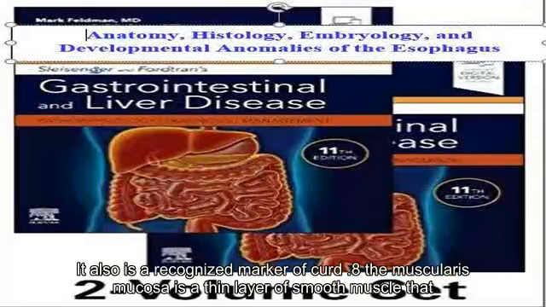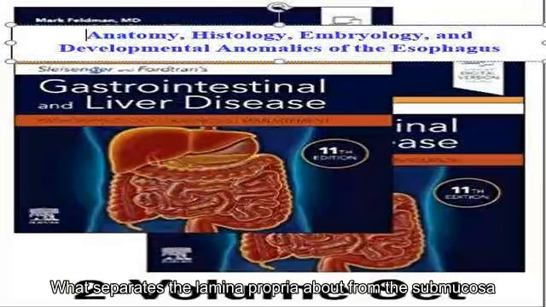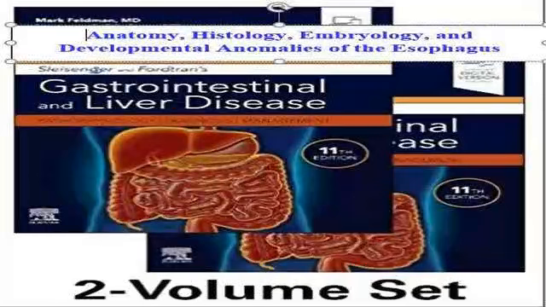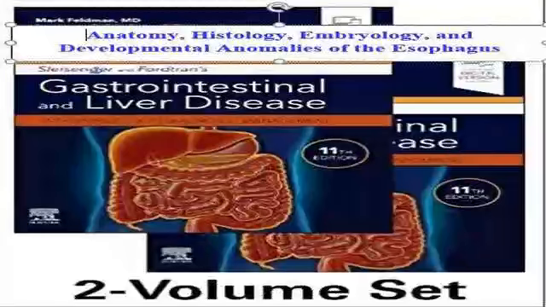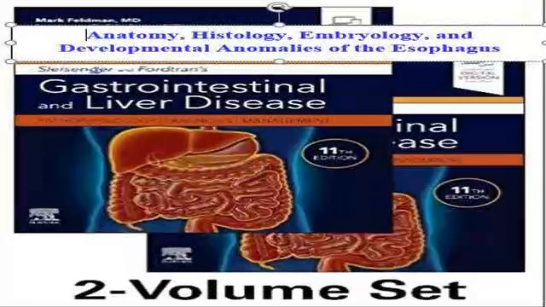The muscularis mucosae is a thin layer of smooth muscle that separates the lamina propria above from the submucosa. Its functions are unclear. Submucosa. The submucosa comprises a dense network of connective tissue, within which are blood vessels, lymphatic channels, neurons of Meissner plexus, and esophageal glands.